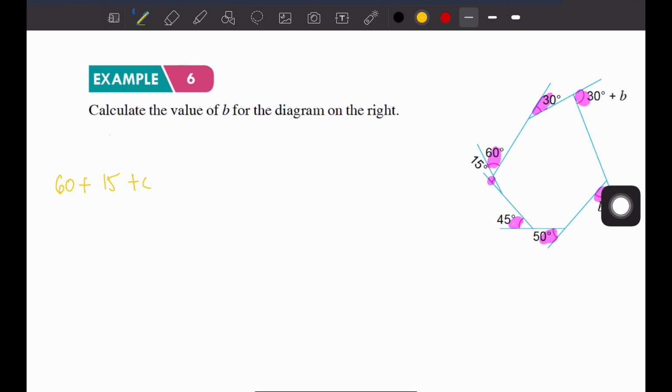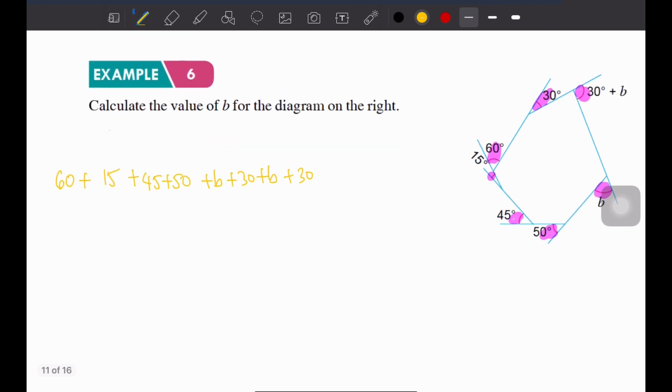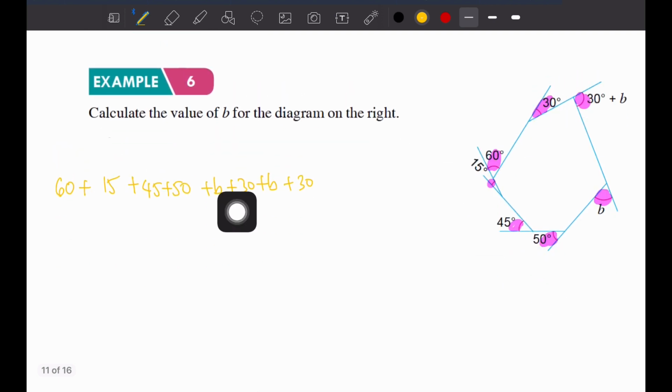Plus 45 plus 50 plus B plus 30 plus B plus 30. Okay, betul tak? 1, 2, 3, 4, 5, 6, 7. Is equals to 360. Okay, and then over here you have B. How many B?